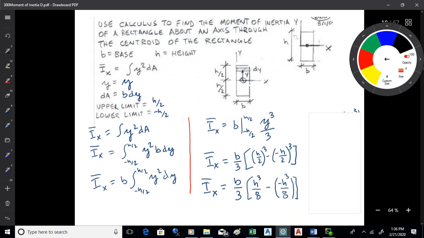When I integrate that, I think that's y cubed over 3. I'll pull the 3 out because it's a constant, so I'll get b over 3, and I'll plug in the limits. It's h over 2 cubed minus negative h over 2 cubed. Those are the two limits. The cube of h over 2 is h cubed over 8. So I get b over 3 times h cubed over 8 minus a negative h cubed over 8.